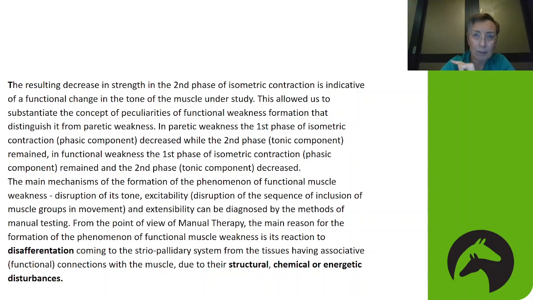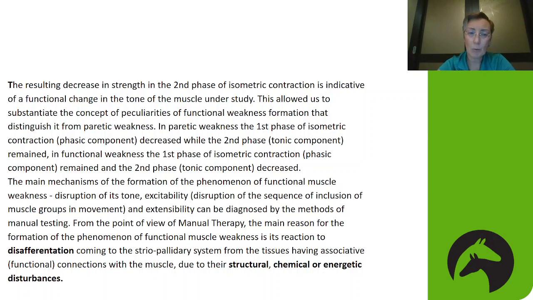So people with cerebral palsy have only the second phase, the tonic component. Healthy people must have first and second phase. So if we are normal, we have first and second phase strength.